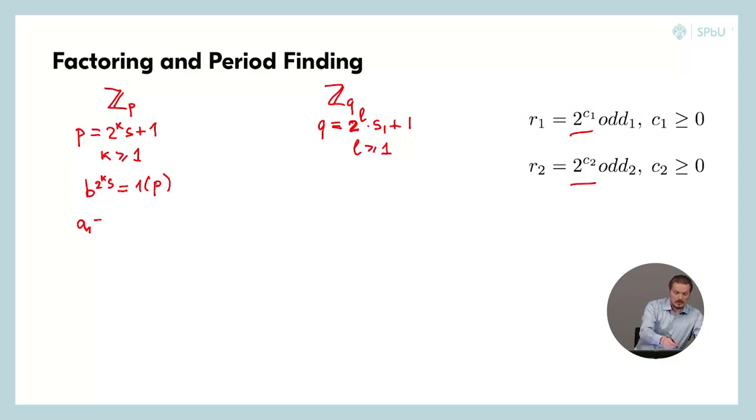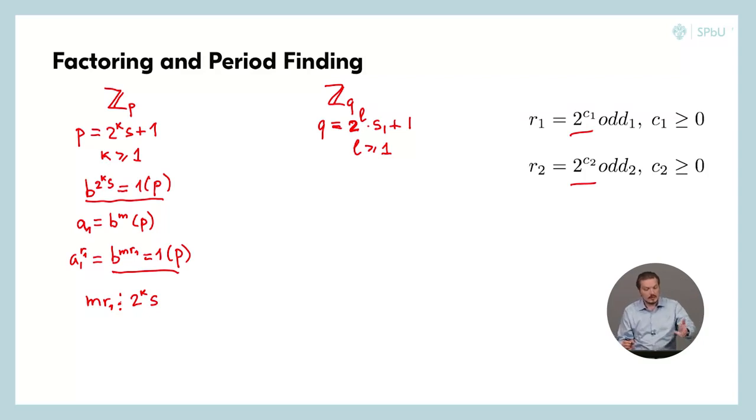So it is B to some power, let's call it M. And we remember that A1 to the power R1 is 1, and it is also B to the power M R1, and is 1 modulo P. So this means for us that M R1 is a multiple of 2^K S. And since A is a random number, M is also a random number.